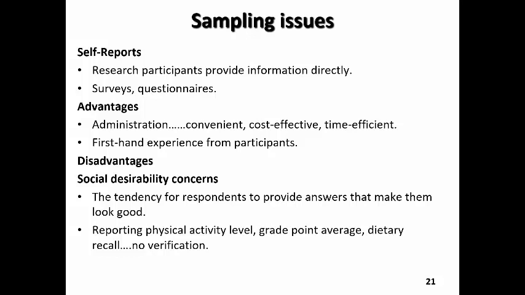And we see that with questionnaires that report physical activity level, a grade point average, dietary recall over the previous week, and so social desirability concerns are an issue when we have these sort of items that have the potential for characterizing some person's qualities. And the other issue is that there's no verification of these on the part of the researchers.